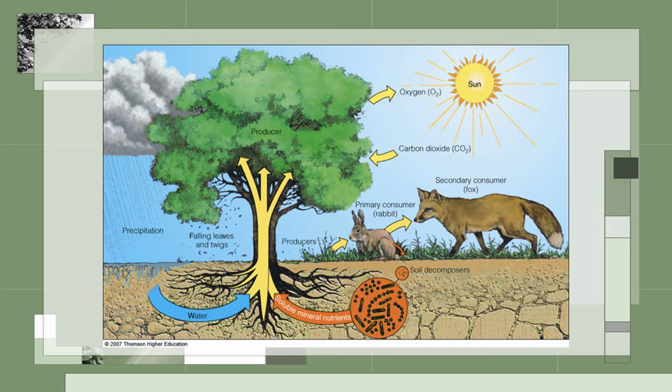When we talk about ecosystems, remember that we're looking at both the living and non-living components. And so the living components we call the biotic factors: plants, algae, fungi, bacteria, animals. The non-living things are called abiotic factors and would include water, air, temperature, and soil.